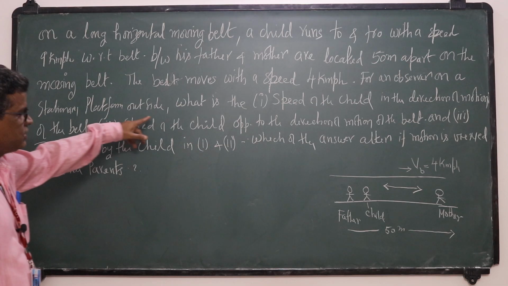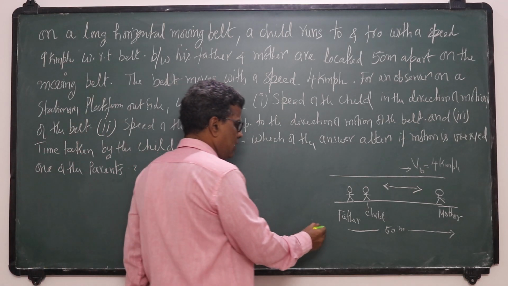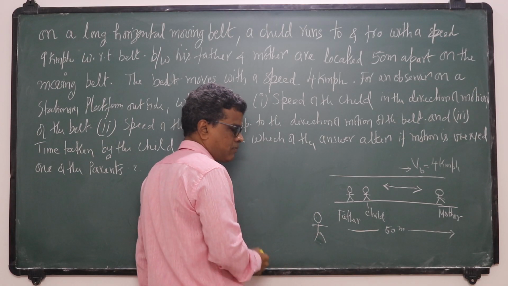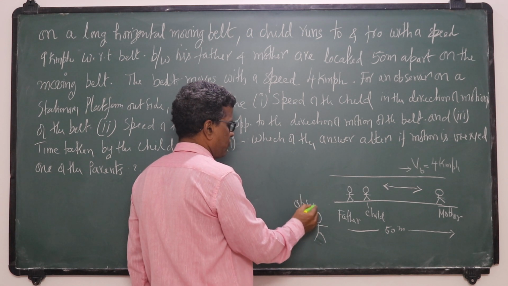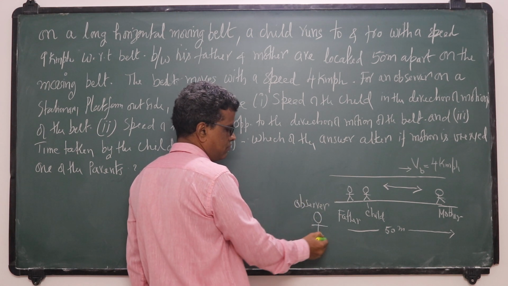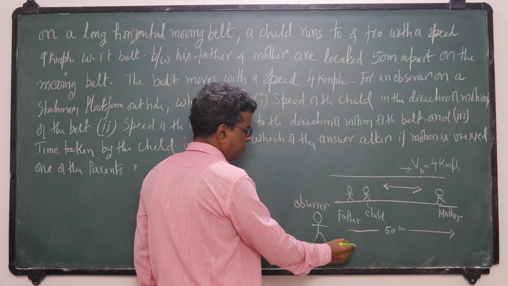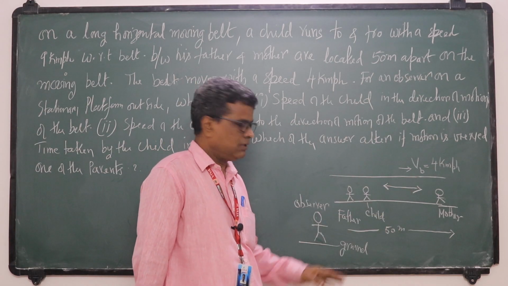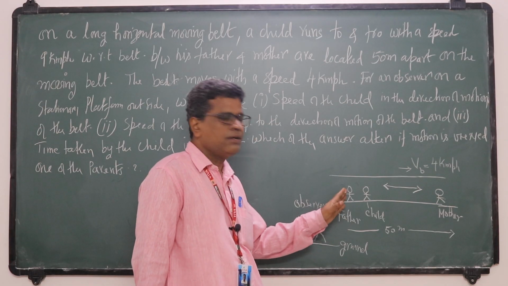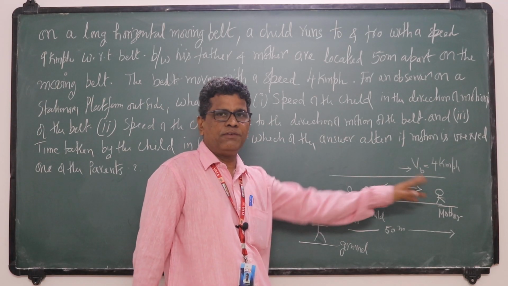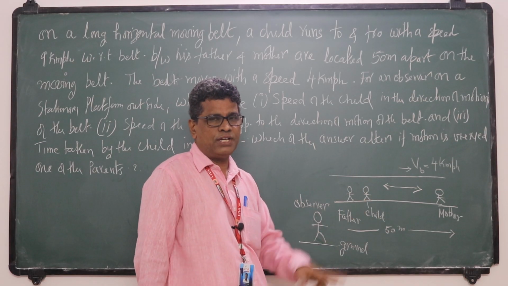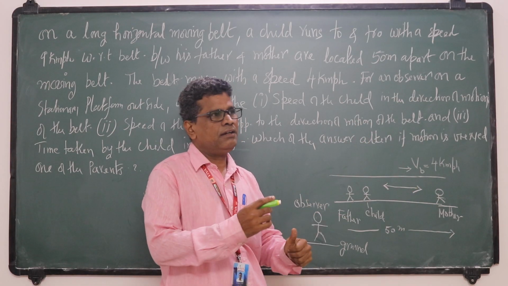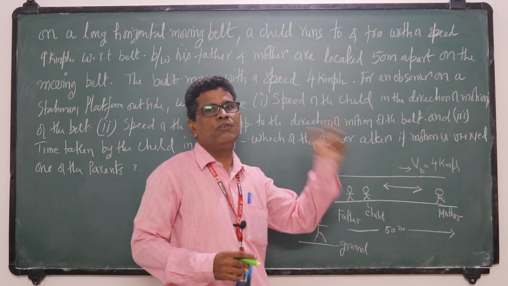Now, for an observer on a stationary platform outside, let it be on the ground, observing these events: the child running between his father and mother, to and fro, while the belt is moving.